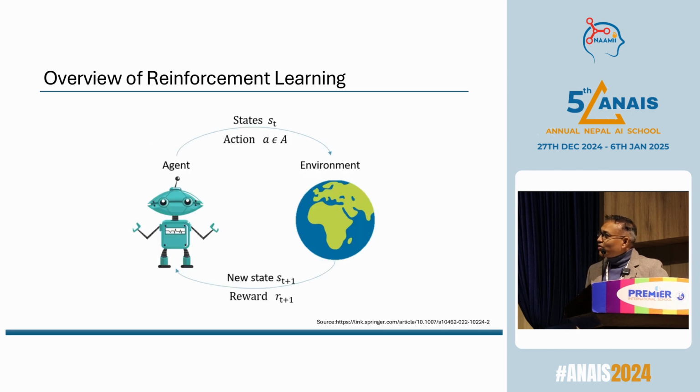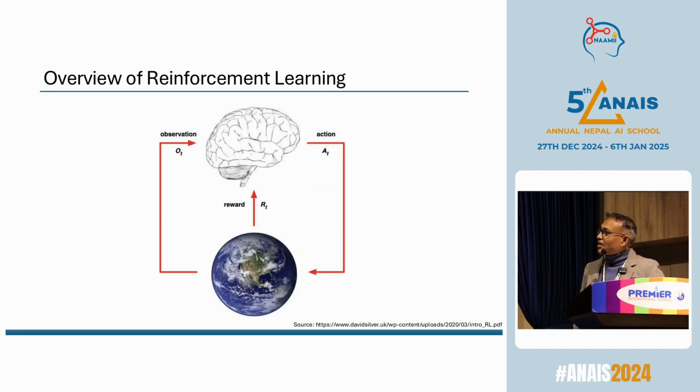And in some other blogs, you can find this figure also, and it's similar to the previous one. Here we have the globe, the Earth, as an environment, and this robot is an agent. So the agent takes certain actions on it. And sometimes you also see this figure. The agent is replaced by the brain, because everyone knows the brain is a very crucial part of our body, right?